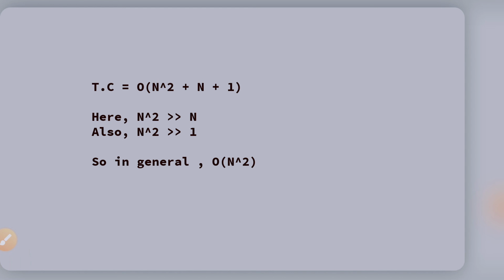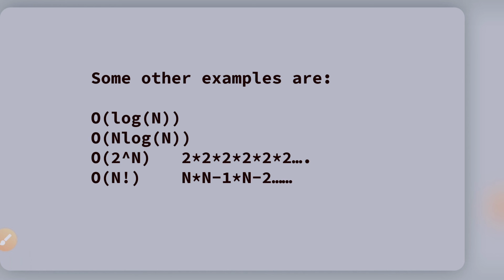So here are some other examples of time complexities. The first one is order of log n. As we have seen in the binary arrangement, the height of the binary arrangement is equal to log of n, where n is the size of input. So it comes between constant time complexity and linear time complexity.